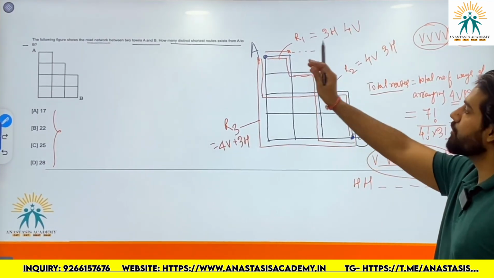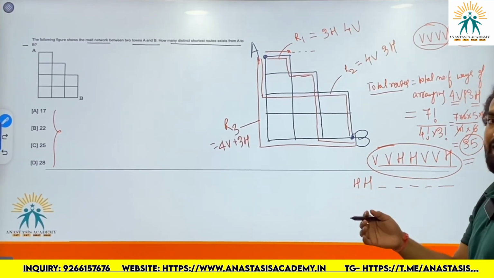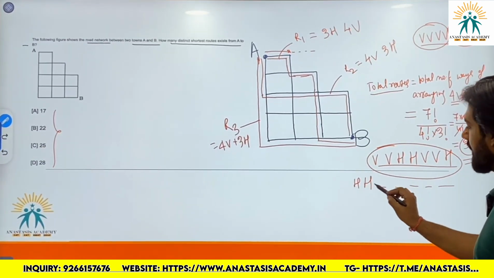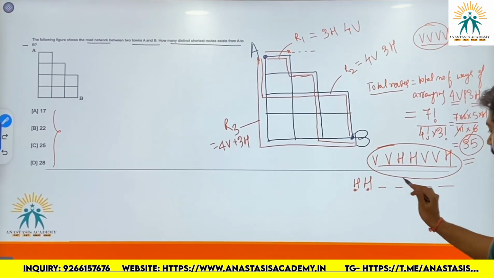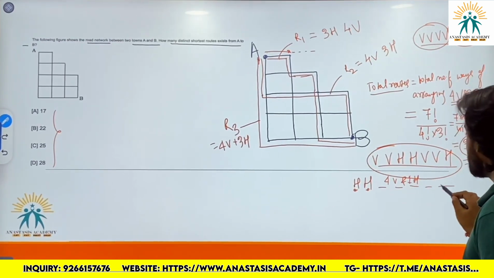So I have to subtract all such arrangements which start with 2H. Now after these H and H are placed, I have to place 4V and 1H in the remaining 5 places.